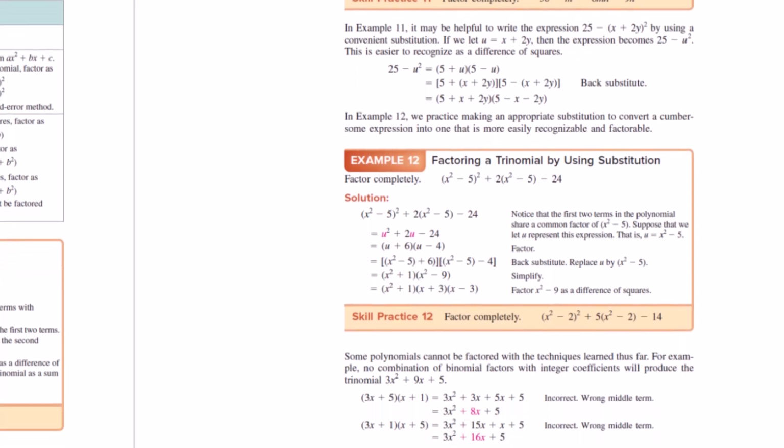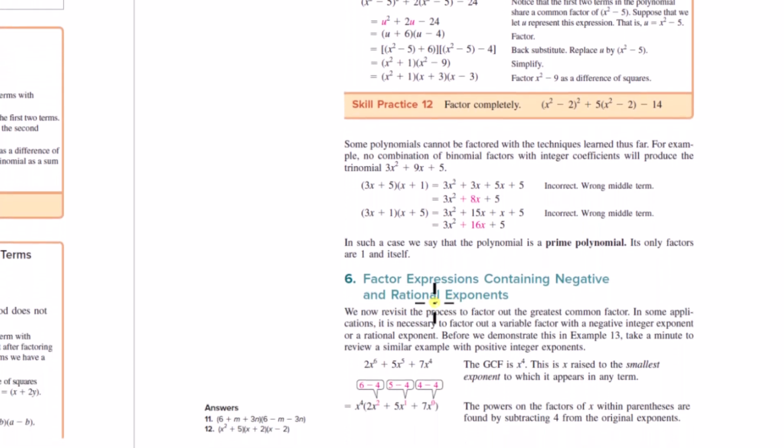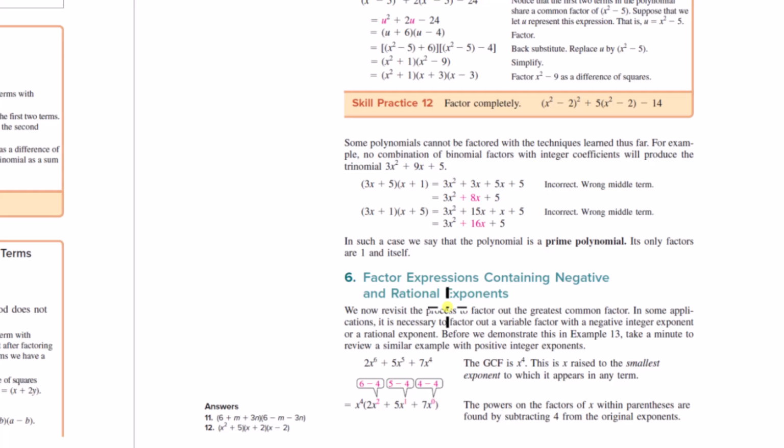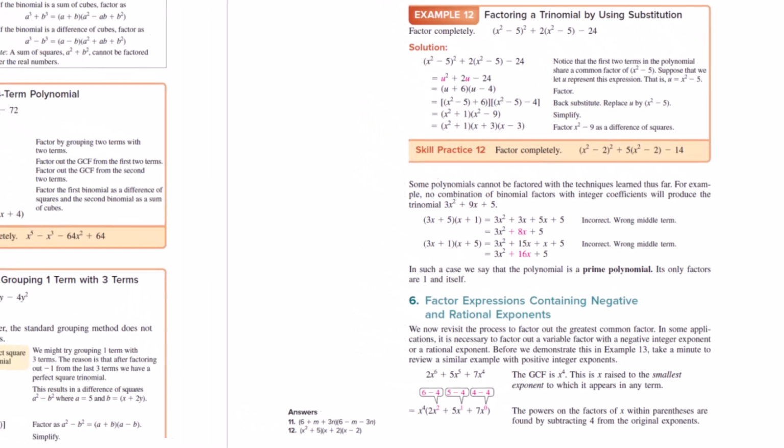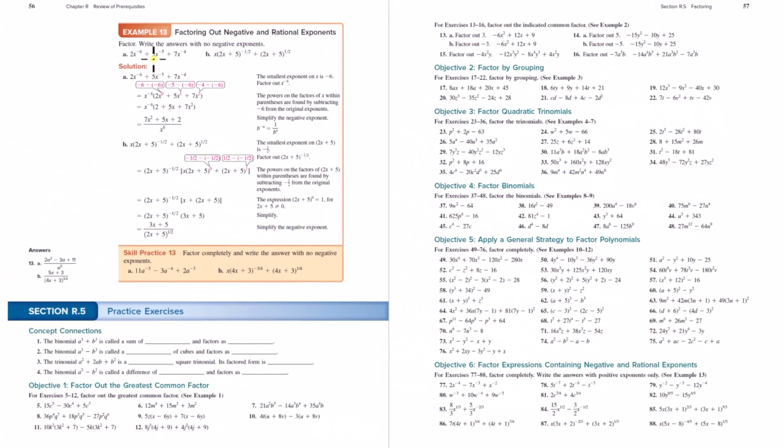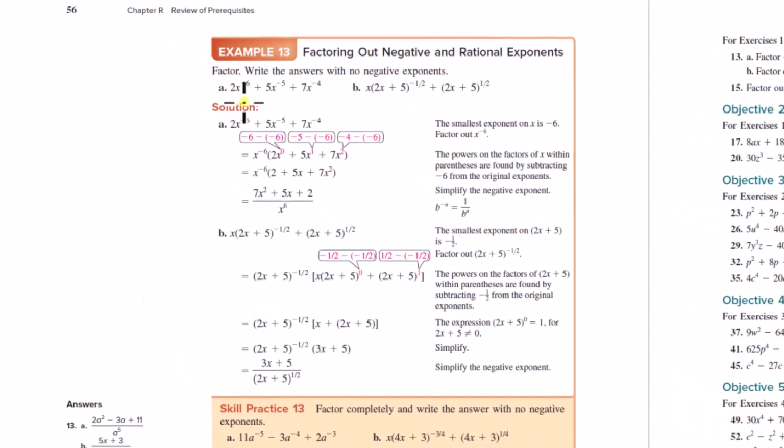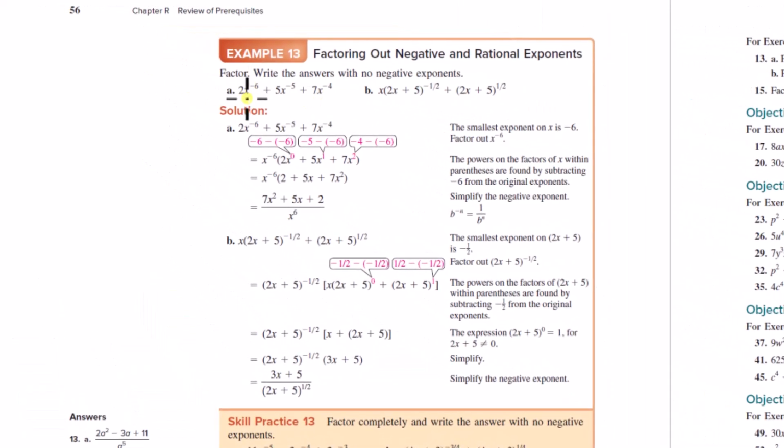All right, now factor expressions containing negative and rational exponents. So these aren't polynomials. And what they do is, if we come here, if you've got something like this, what you notice is that it's still in a descending order. -6, -5, -4, right? I guess -4 is greater than -6, but it's in that familiar order.